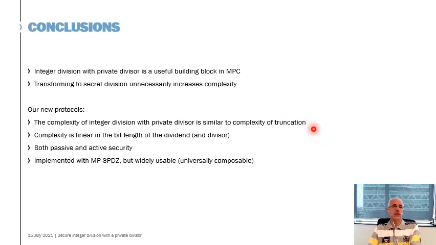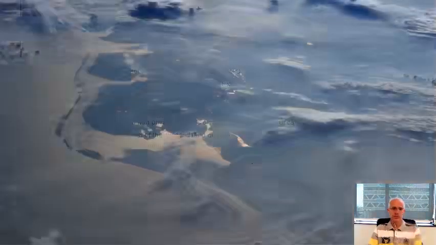And this complexity is linear in the bit length of the dividend and of the divisor. We gave both passively and actively secure protocols. We implemented in MP-SPDZ, but you could implement it in any other MPC framework. We showed that it's universally composable, so it can be plugged into all protocols that you would want.